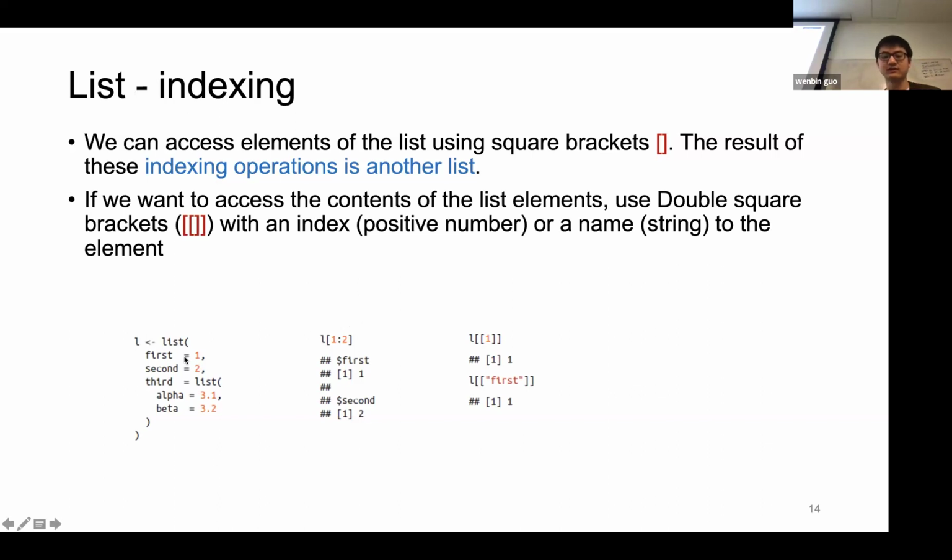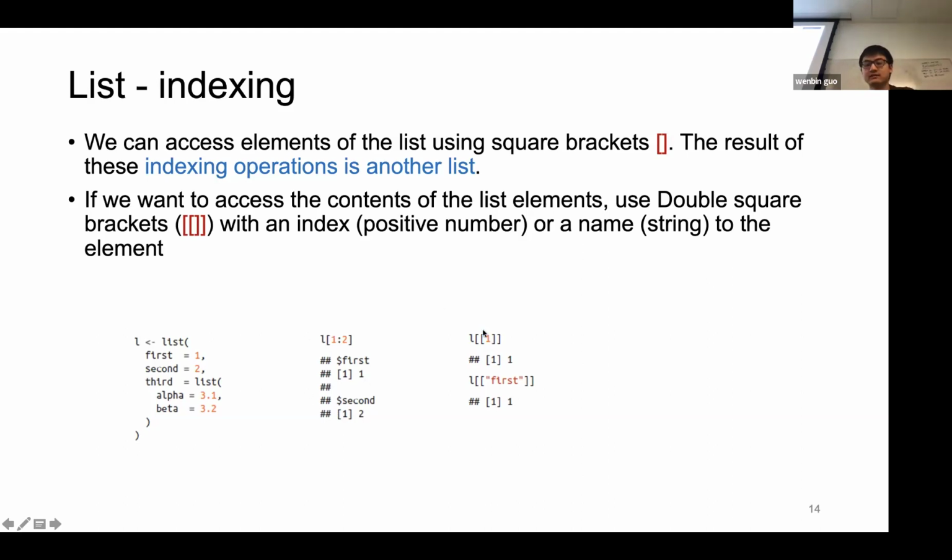So for example, here on the left-hand side, we define the list, and if we use a single bracket with 1:2, this is an index vector, and it will actually return a list containing the first two elements.